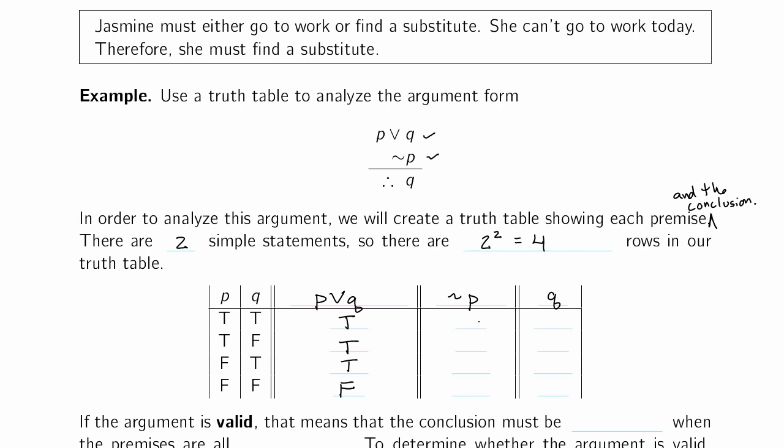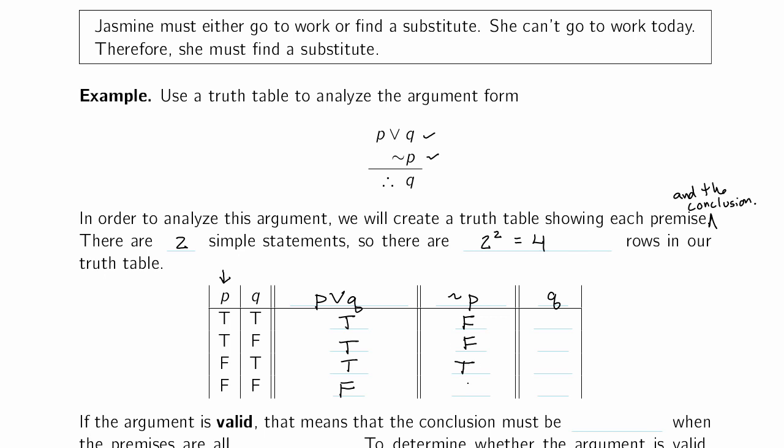How about not P? Well, not P has the opposite truth value from P. So I'm focused only on the P column now. When P is true, not P is false. When we have a true, we do not to that and get false. We have a false, do not to that and get true.